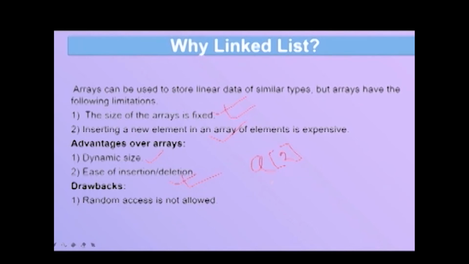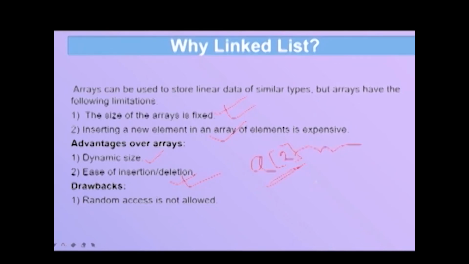Because an array is stored at contiguous memory locations, that's why we can directly access it. But in a linked list the nodes are not stored at contiguous memory locations, they can be stored anywhere. So to reach a node we have to traverse, right? So random access is not allowed in a linked list.